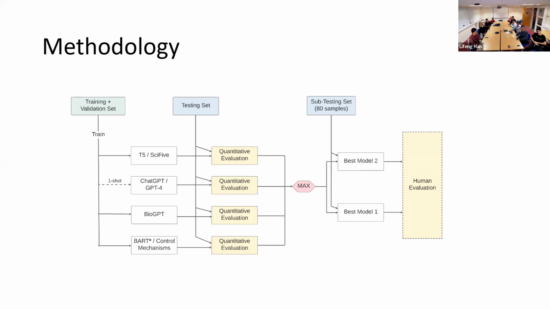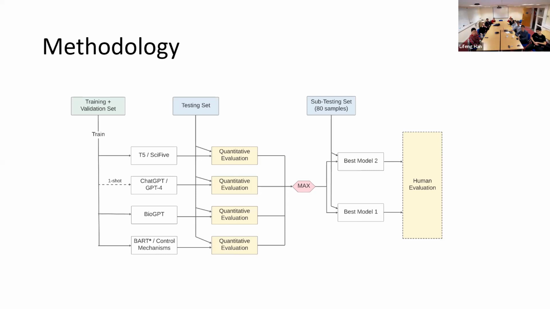So for the methodology, we chose three kinds of model. One is encoder-decoder, including T5 and SciT5. T5 is from 2020. SciT5 is based on T5 trained on biomedical data. And another encoder-decoder model is called BART at the bottom. We put a star because instead of using pre-trained BART, Jeremy continually trained the BART with WikiLarge data. That's correct, right? And then Jeremy also applied the control mechanism that he has been developing for his master thesis on top of BART, let's say.